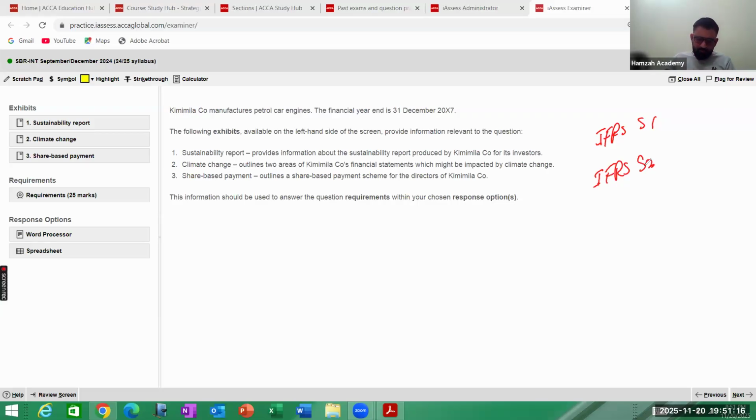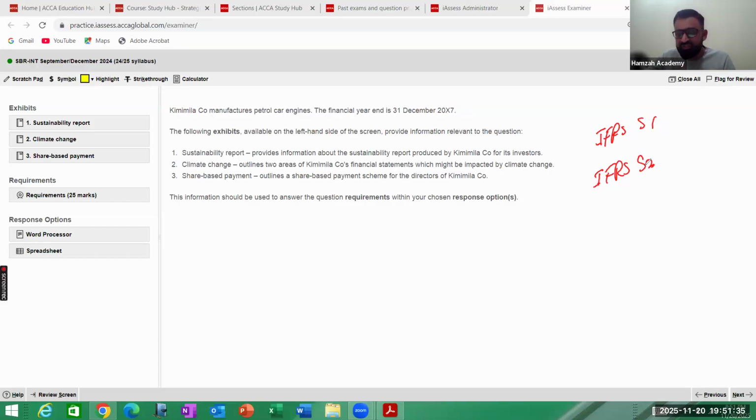S1 is the general standard which gives us general guidance on the disclosure of sustainability regarding the risks and opportunities we are facing from the changing environment.